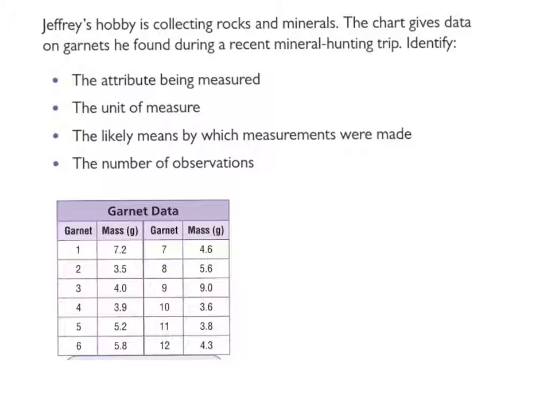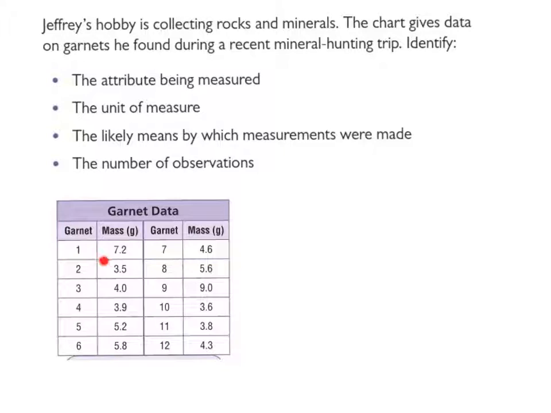So first of all, the attribute being measured is: what is he looking at? What is he comparing? When he looks at the garnet, what is he measuring? So take a look at this data right here. It's our garnet data. We're looking at this top heading. So he has garnet and then numbers below it. That's the first garnet, okay? And then it looks like he is pulling the mass. Mass is like the weight.